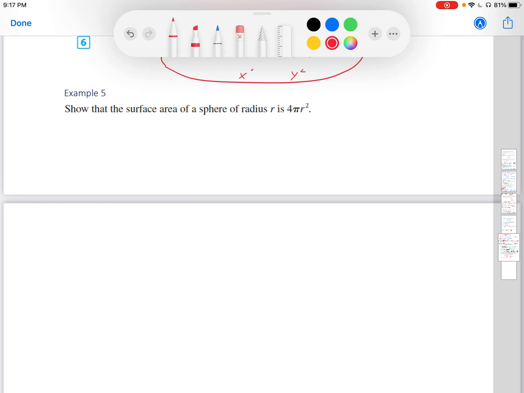All right, so recall from section 10.1, a sphere is parametrized by x equals r cosine of theta and y equals r sine of t. I think we said theta. And if it's a circle, a sphere, our t would be from 0 to pi.